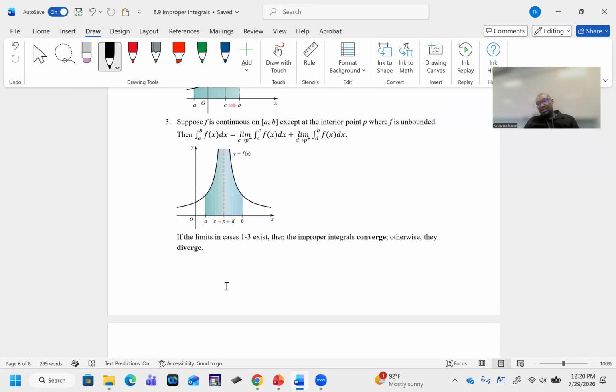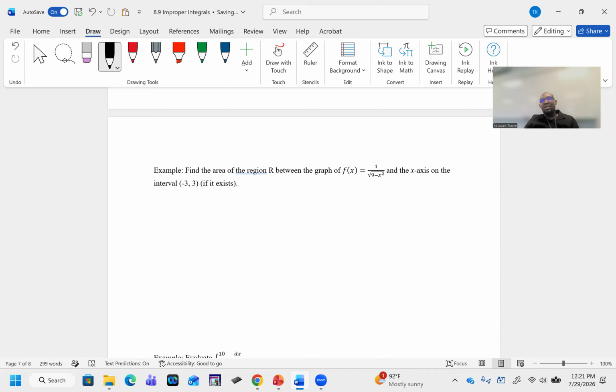We are asked to find the area of the region R between the graph of f of x equal to 1 divided by the square root of 9 minus x squared and the x-axis on the interval -3 to 3, if it exists.